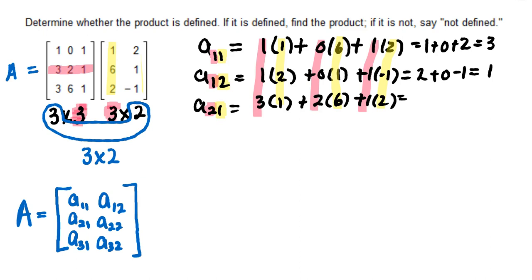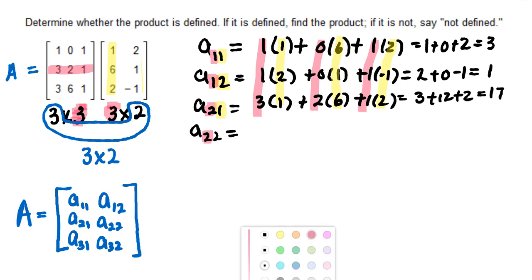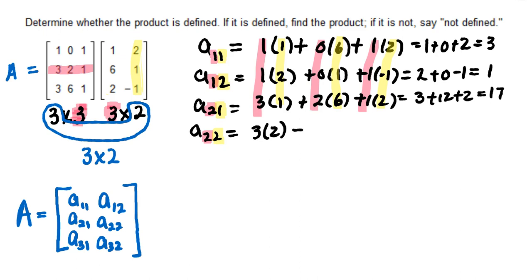So to finish this calculation, that would be 3 plus 12 plus 2 is 17. Then let's do entry A22. So we're going to use row 2 from the first matrix and column 2 from the second matrix. So the calculation would be 3 times 2 plus 2 times 1 plus 1 times negative 1. 6 plus 2 minus 1 is 7.